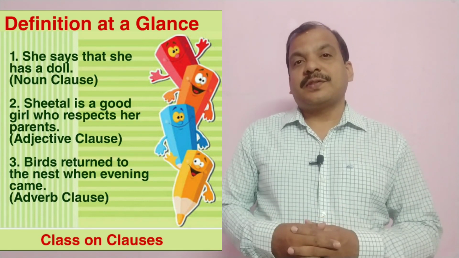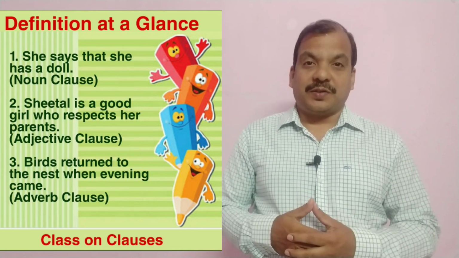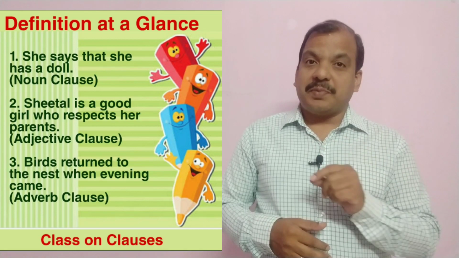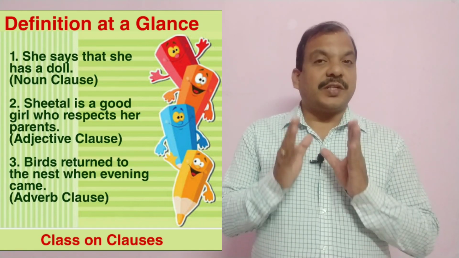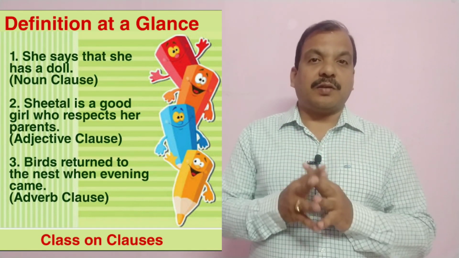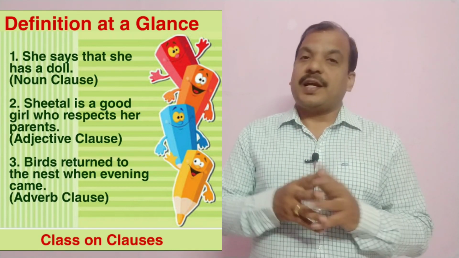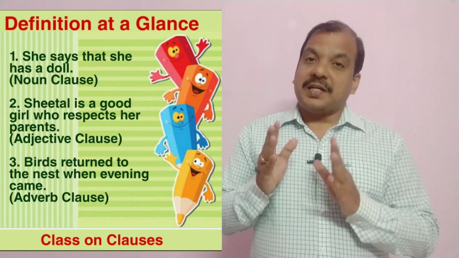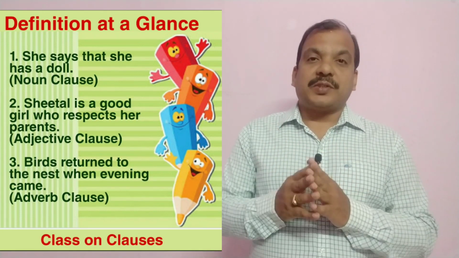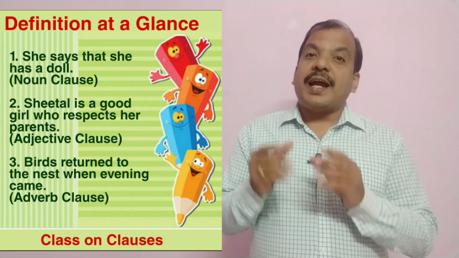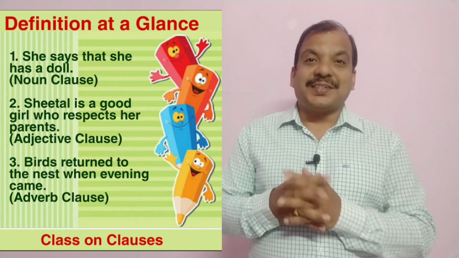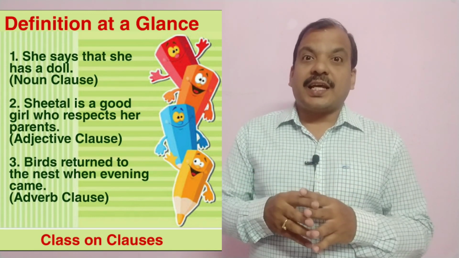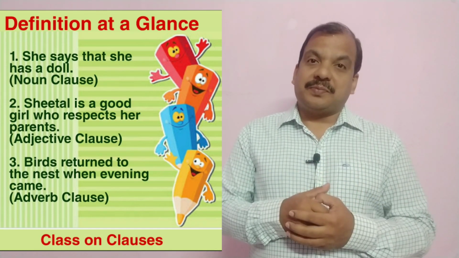She says that she has a doll. Again, this is a complex sentence. She says is the principal clause, main clause, independent clause, and the rest, that is that she has a doll, is dependent clause, or what you say, the subordinate clause. And the subordinate clause you see here acts like an object of the verb.